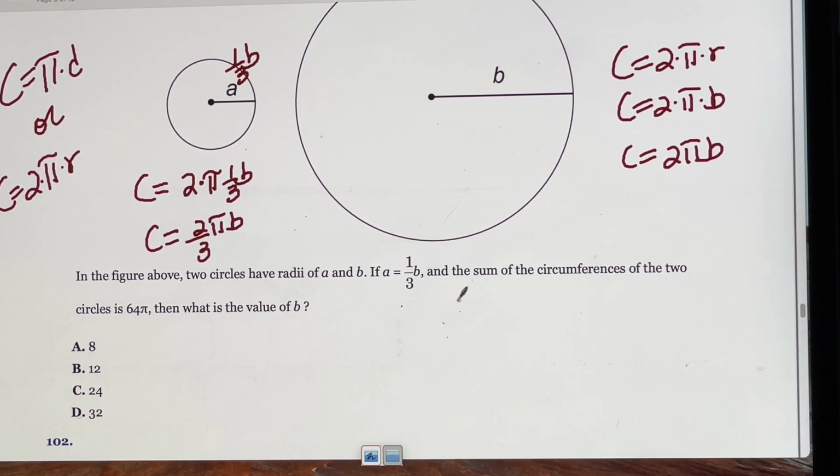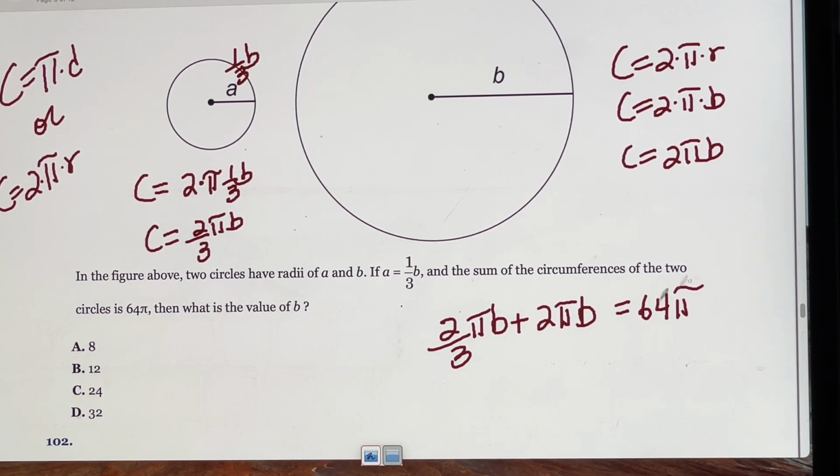So 2/3 pi B plus 2 pi B equals 64 pi. Let's add these two. 2/3 plus 2 equals 2 and 2/3 pi B equals 64 pi, right?